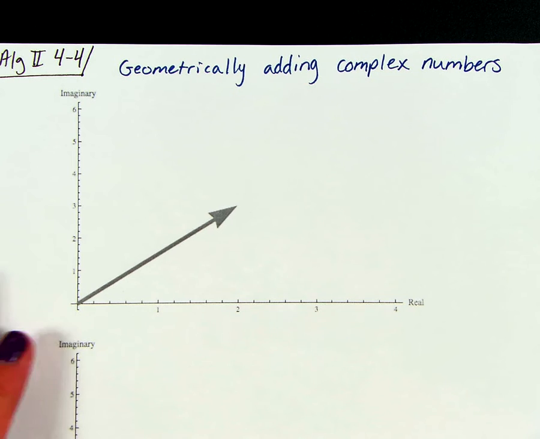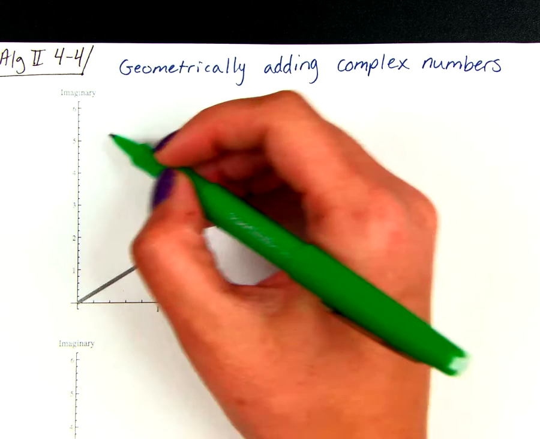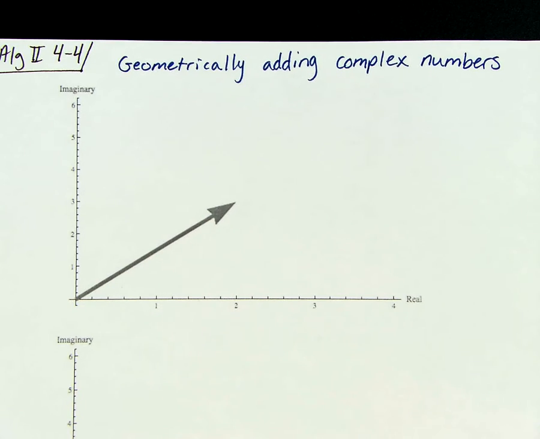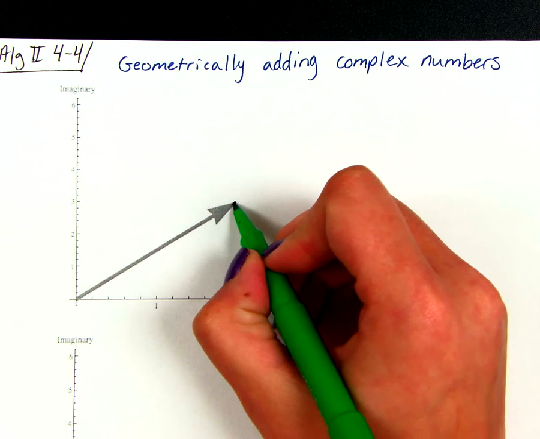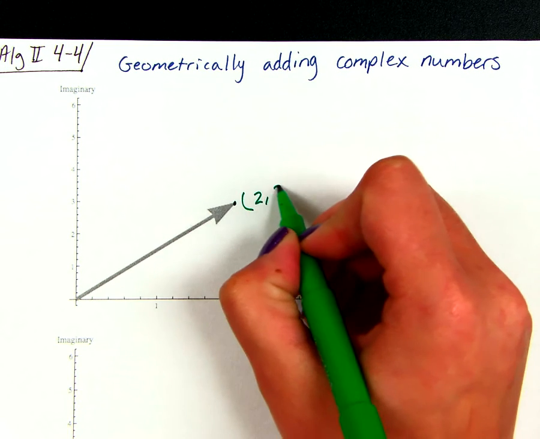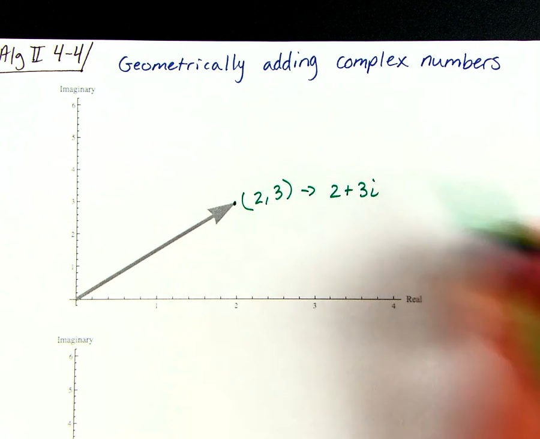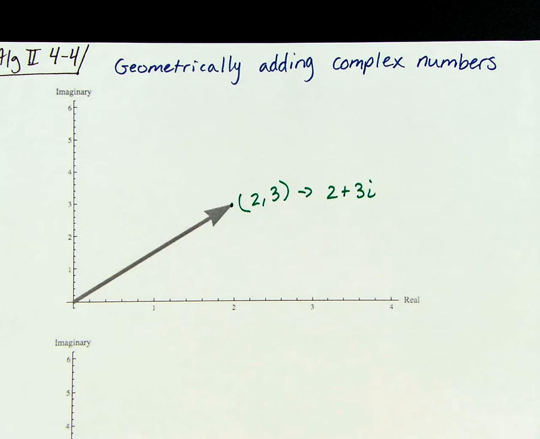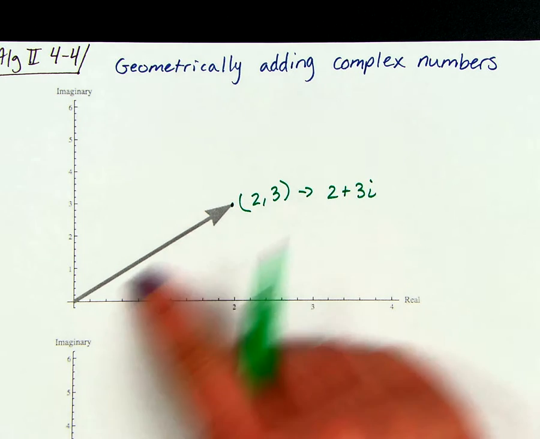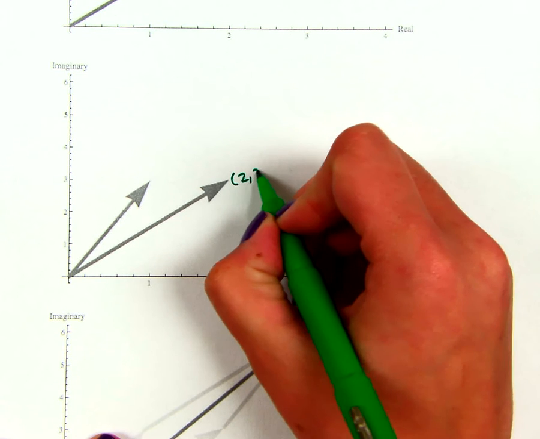So again, if we are graphing, this is our real axis. This is our imaginary axis. So this point right here at the tip of that arrow is going to be at (2, 3). So which really means the same thing as 2 plus 3i since we're in the positive plane. So now let's say I want to take this vector and another vector. Okay, so again, this was my (2, 3).